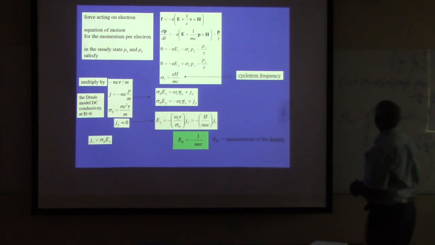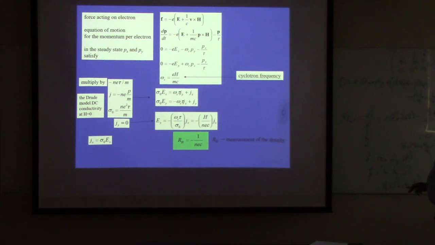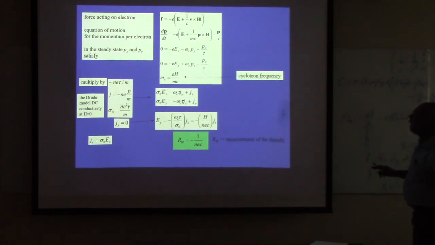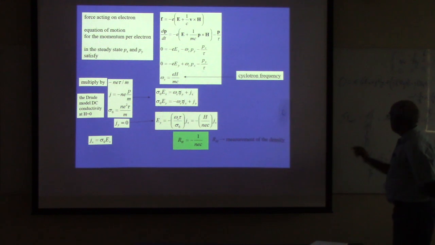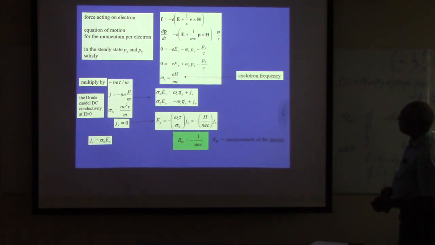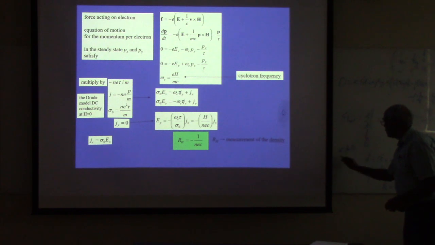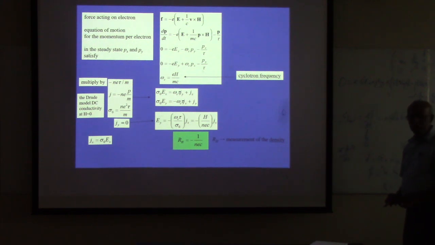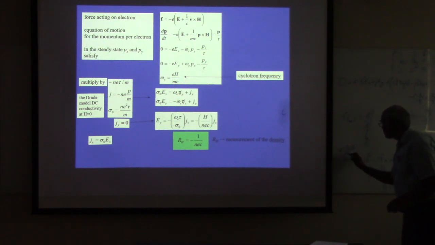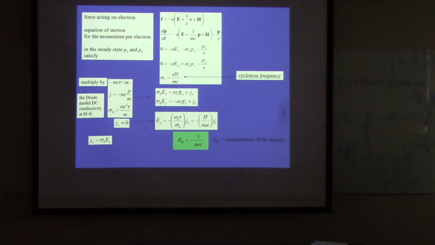So here I have V and here I have E, then I have V, then I have B, right? So we can write V as P over M, right? Vx means Px over M. So this eB over M has a special name called the cyclotron frequency.